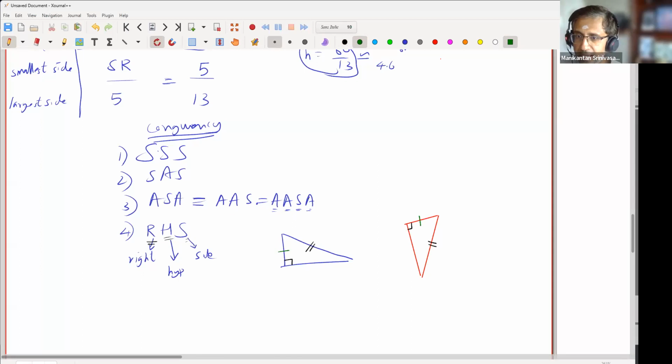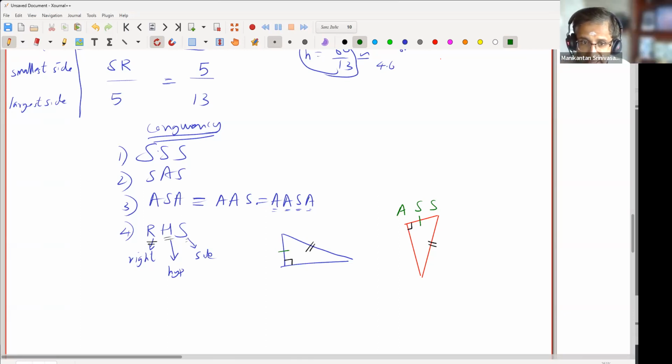So in a way, this is like ASS, because one angle is given, one side is given and another side is given, and the angle which is given to be matching is not the included angle. Do you agree? It's ASS. So why can't it be SAS? It cannot.